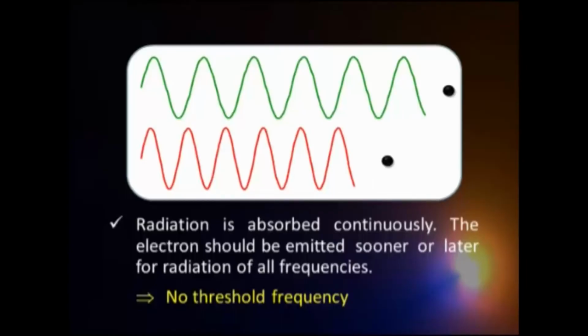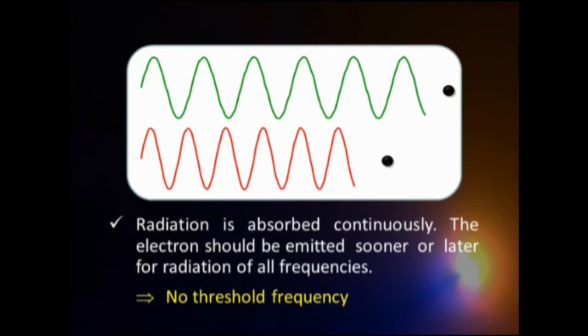Second prediction. Since we have the electron and my radiation is coming, classical mechanics presumes that no matter what energy, what wavelength, what frequency I take, suppose I take a low frequency radiation. Low frequency means it's a high wavelength radiation, energy is low, it gets absorbed to a certain extent.